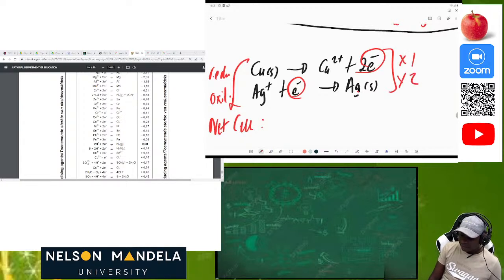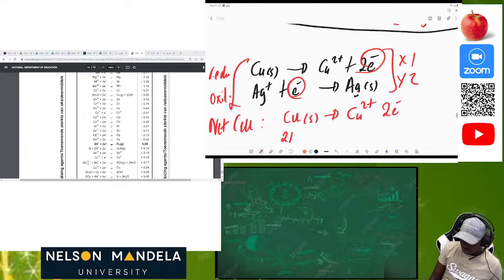So it's going to be Cu in solid, then Cu2+ plus 2 electrons. Then 2Ag+, which is in aqueous, of course, plus 2 electrons, then we have 2 Ag in solid.